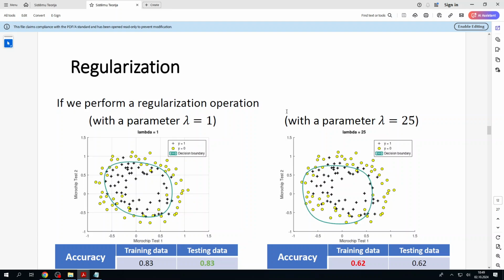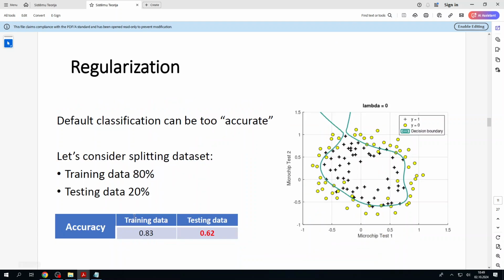Now, if you find the correct regularization parameter, in this particular example it is 1, then you will see that you were actually able to achieve the same accuracy for testing data as for training data. Whereas without regularization at all, the testing data had 0.62 and training had 0.83.